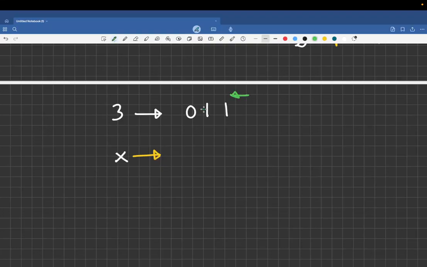So whenever I get a set bit, like over here in the 0th position, I got a set bit, right? So I can just convert my X to 2 power 0th parent of X. Okay, and this is done.